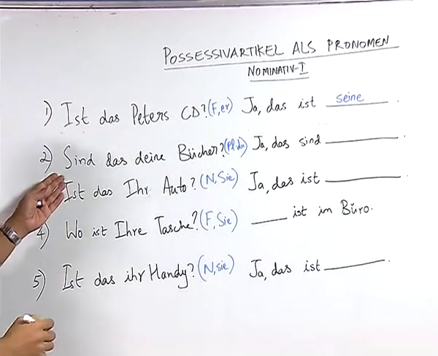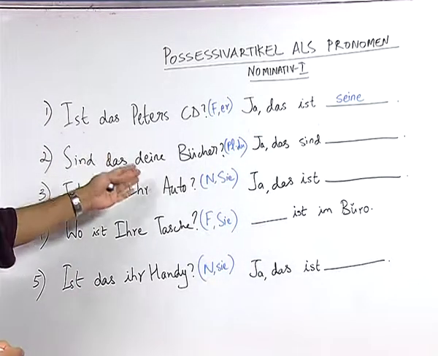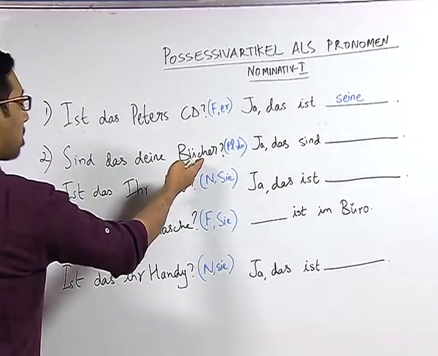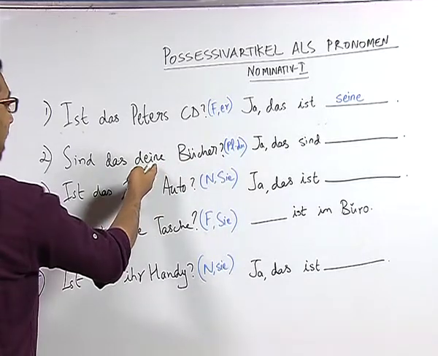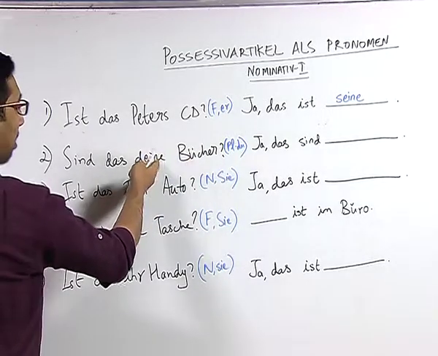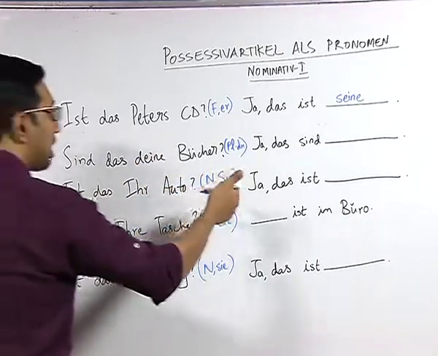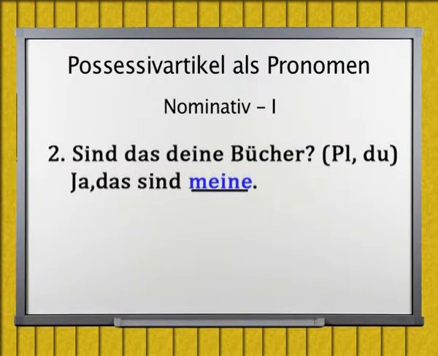Now, let us look at this question: sind das deine Bücher? Now, you know that the noun Bücher here is in plural and deine is the possessive article, and if we replace these two, we get the answer: ja, das sind meine.